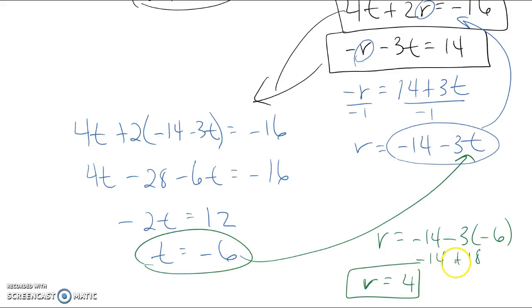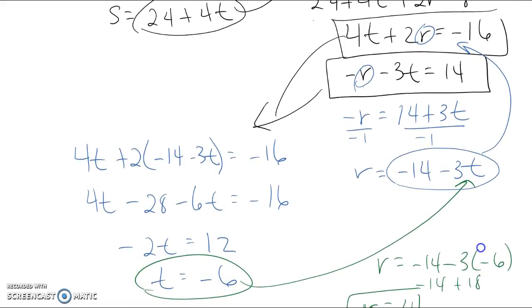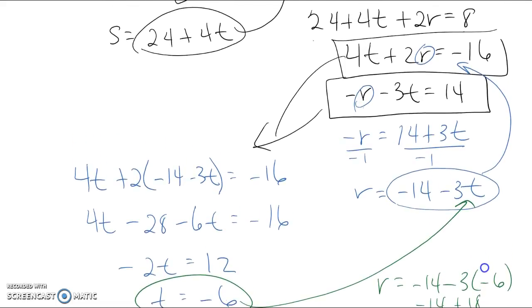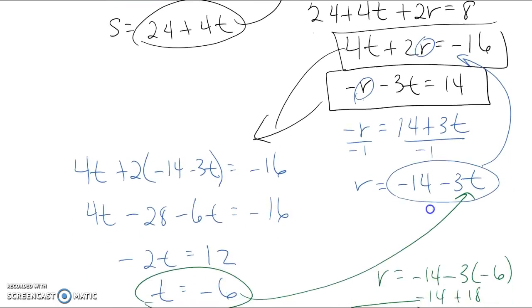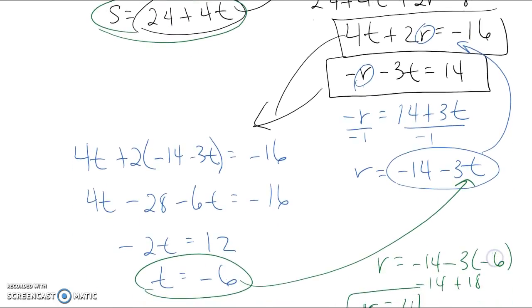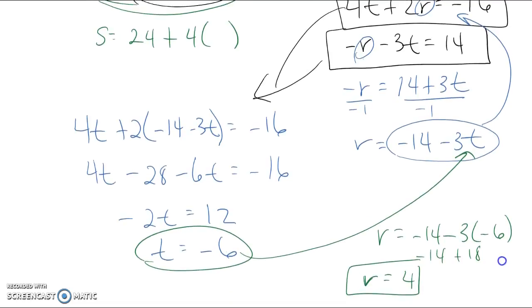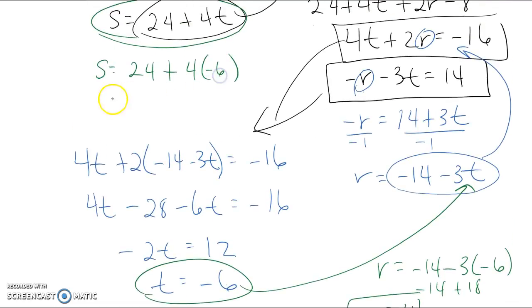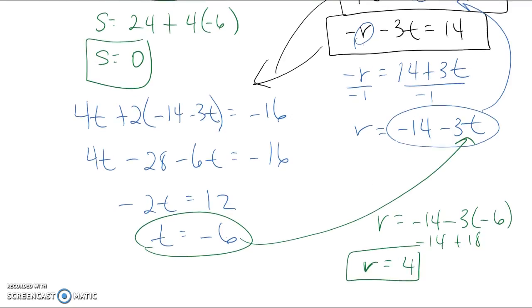Well, we could use either one of our equations from before. Here's an s equation from up top. So into that equation, I will plug s equals 24 plus 4t, and my t is -6. So it looks like in this problem, s is 0. So s is 0, t is -6, and r is 4.